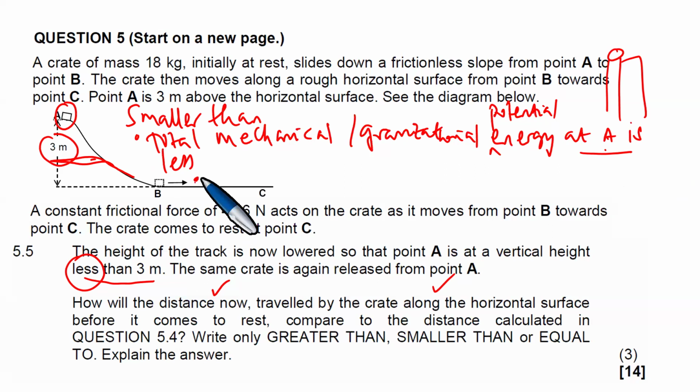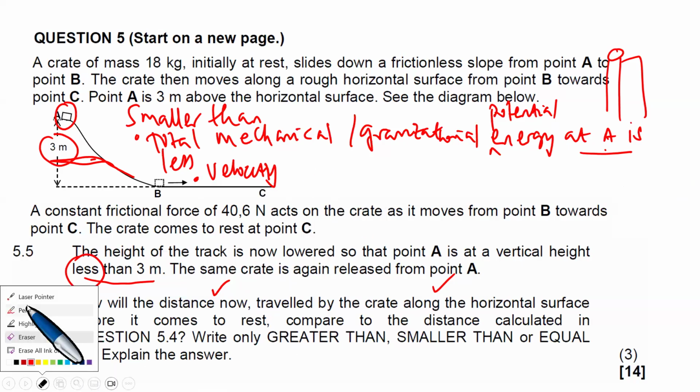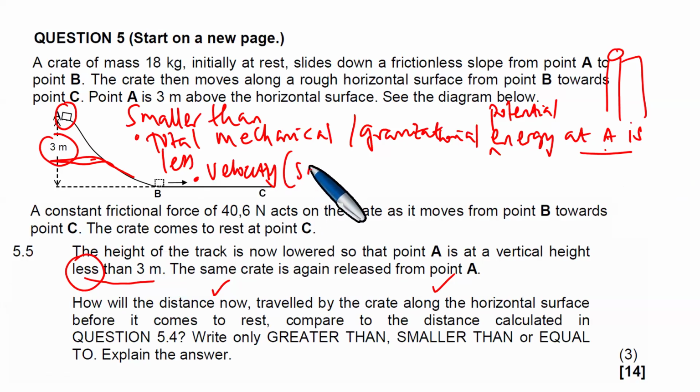Next, the velocity or speed at B is less.